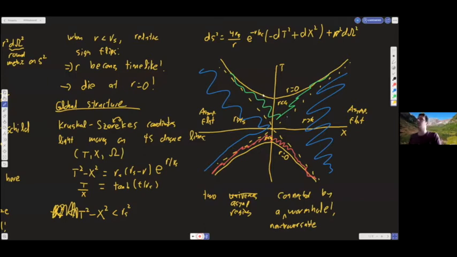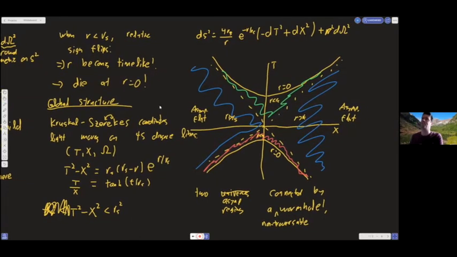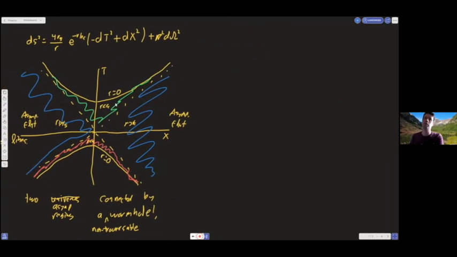So now let me address this question of black hole or wormhole. Contrary to what you may have heard, the Schwarzschild geometry does not actually describe a black hole. This is a vacuum solution of Einstein's equation describing a wormhole connecting two asymptotic universes.